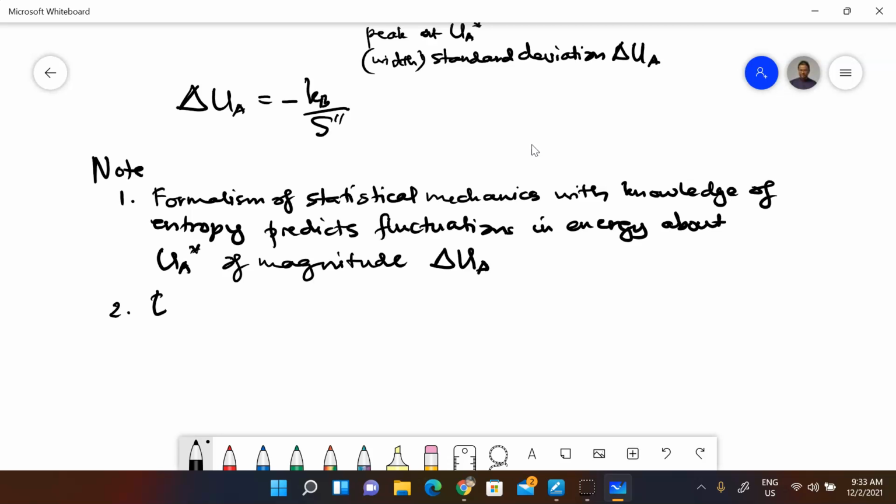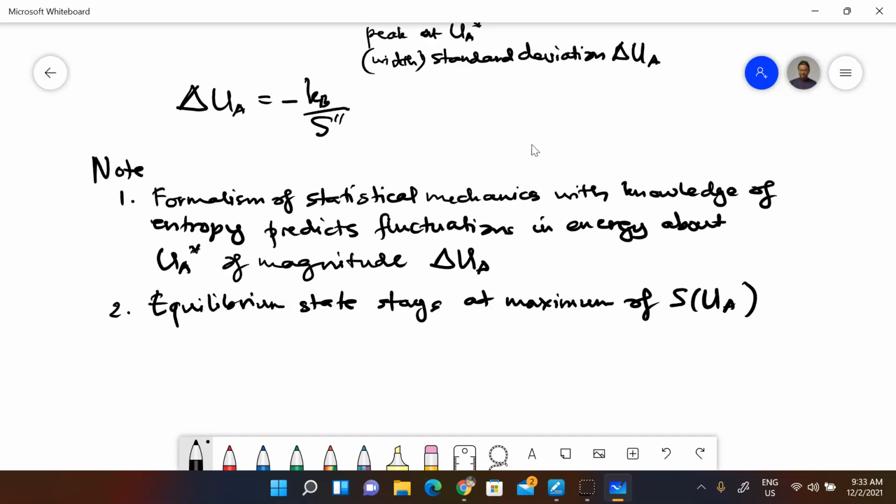So here essentially the equilibrium state stays at the maximum of the entropy, but even though you have an equilibrium state, meaning most of the properties do not change, the fact that you have these fluctuations means it accommodates energy fluctuations about U_A star.